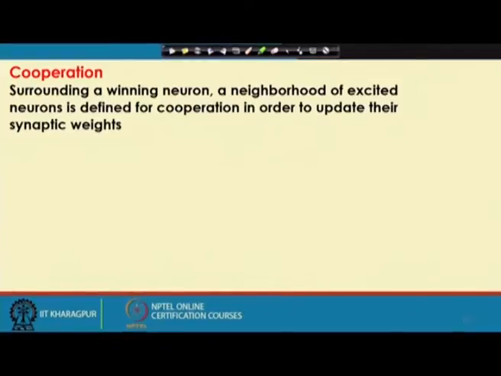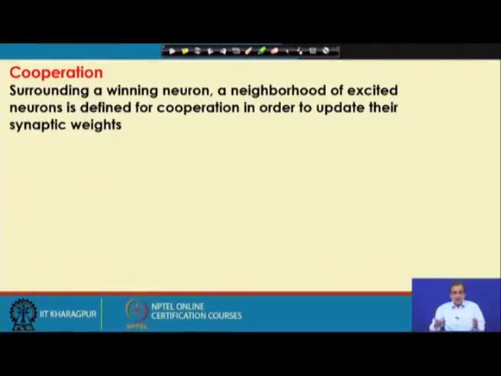So, surrounding the winning neuron, we try to find out a neighborhood of excited neurons, and there will be some interaction between the winner and this excited neighborhood, and there will be updating of the synaptic weights or the connecting weights.